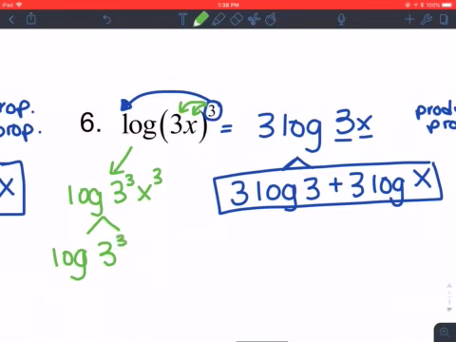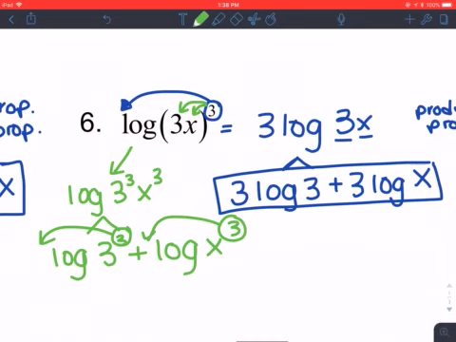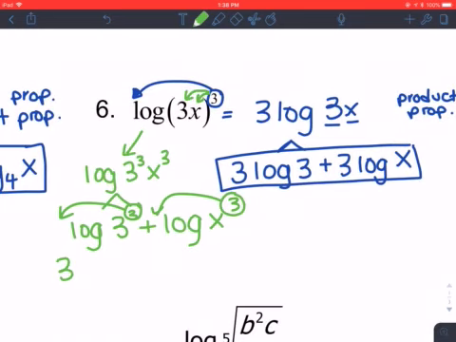Log of 3 cubed plus log of x cubed. And then we would use our power property to rewrite our exponents as coefficients. So we end up with 3 log of 3 plus 3 log of x.